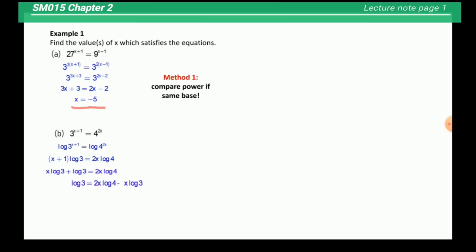For the right hand side, you can try to factorize out the x that we have here, like this: x times 2 log 4 minus log 3. Now you need to rearrange with x as the subject.